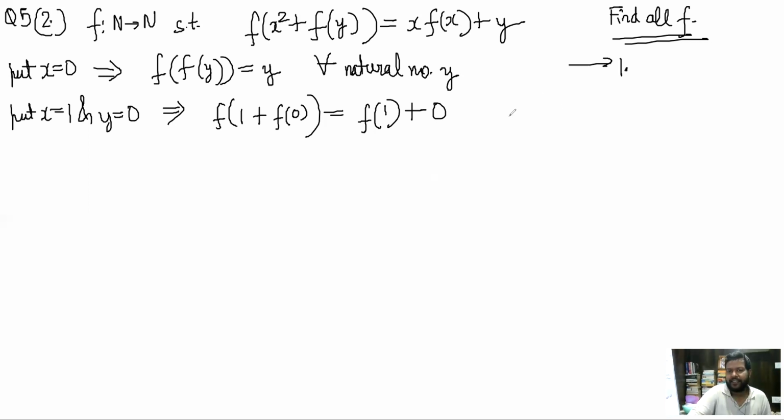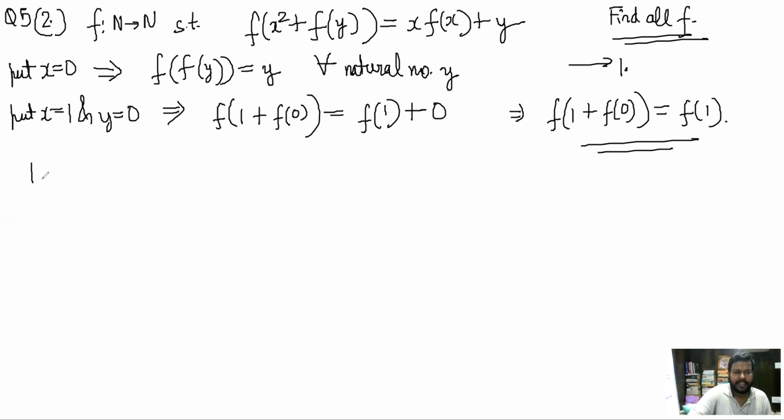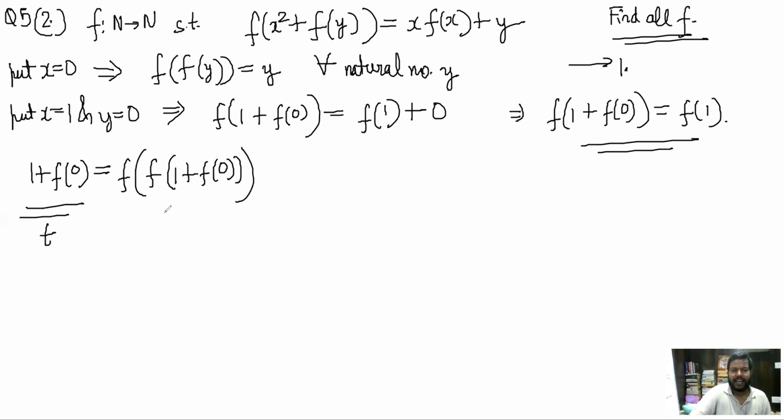So we're getting f of 1 plus f of 0 is equal to f of 1. Okay. So let's think about this 1 plus f of 0. 1 plus f of 0 will be equal to f of 1 plus f of 0, right? What property am I using here? I'm saying this is some t. Then t is equal to f of t, right? According to property number 1. So I'm using that property here.